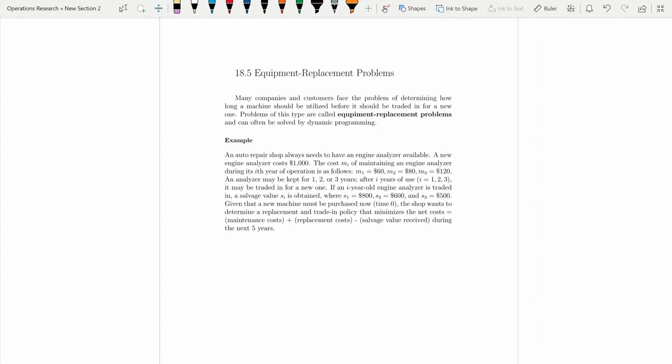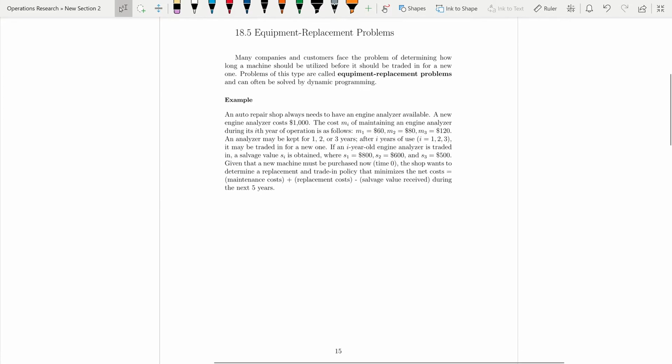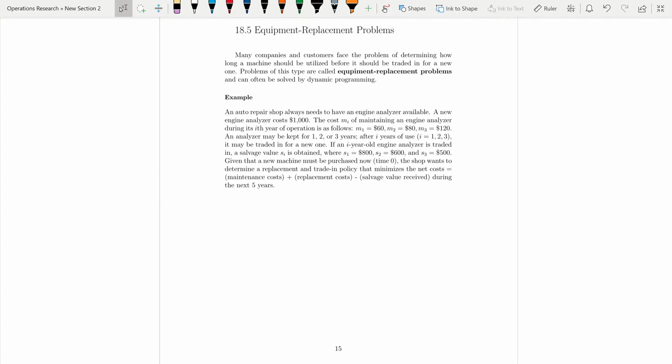So basically what we're working with here is any sort of situation where equipment starts to get bad, and we need to figure out when the best time is to replace it versus repair it. Going into this first example, we have an auto repair shop that needs an engine analyzer, that's our equipment, and a new engine analyzer costs $1,000.